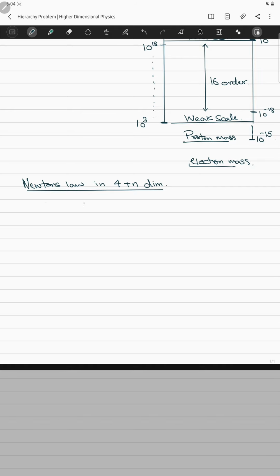You write your Newton's law normally as F of r equals Newton's gravitational constant multiplied by the two masses, one the source and one the test mass, divided by r squared. This is your regular Newton's law.